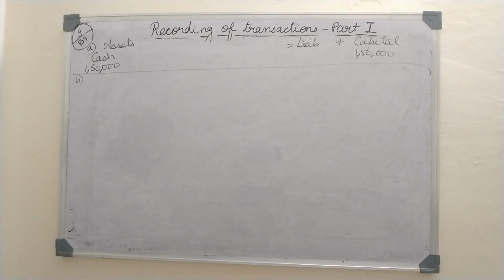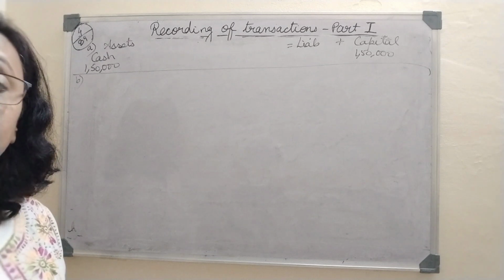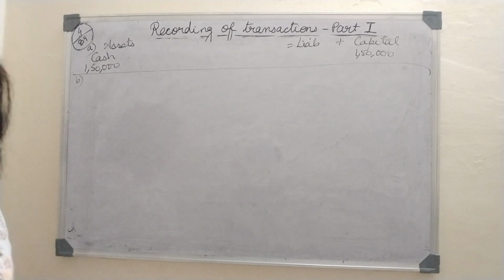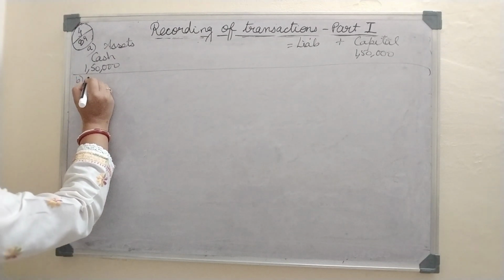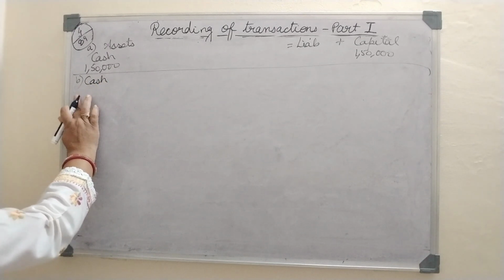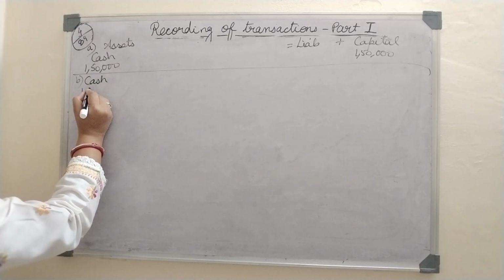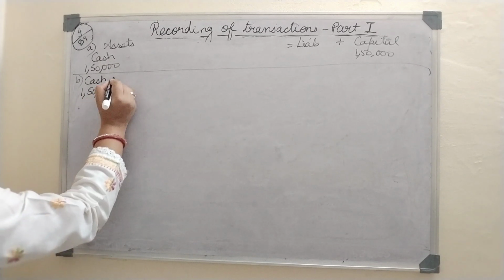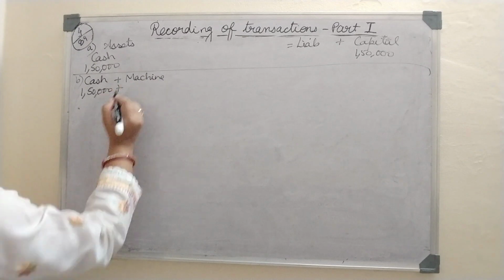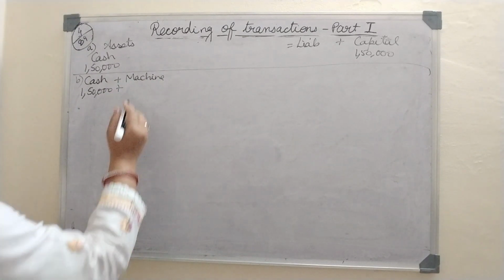Okay. Now second one, purchase machinery on credit. So whenever anything is purchased on credit means I have not paid the amount at the time of purchase, but I have to pay it later. So that is my liability to pay. So that means I have a creditor now. So machinery purchased on credit, so cash is not affected, but a new head will be created over here. Machine, it is for how much? 40,000.